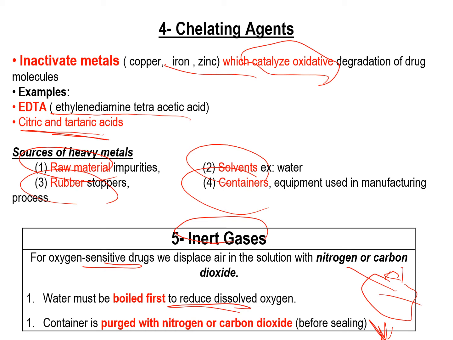And after boiling, we have to purge, which means pushing nitrogen or carbon dioxide inside the solution and inside the headspace. So now the solution and the headspace will be full of carbon dioxide or nitrogen, which are inert gases, and that's how we can protect our solution.